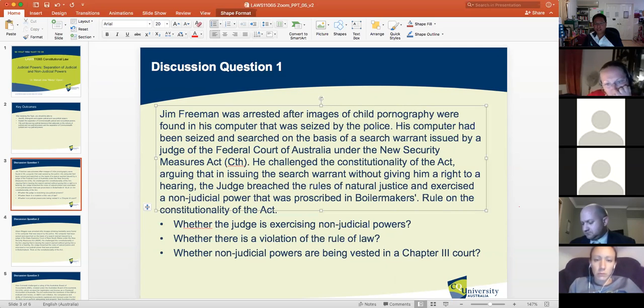So there is a distinct meaning of matter as defined in Huddart Parker v Moorhead. The High Court was clear that there is a matter only when there is an actual controversy between subjects, meaning between citizens of a state or residents of a state, or between the state and its subject, involving rights, liabilities, or obligations, or interests, or legitimate expectations. So there has to be an actual controversy between subjects.